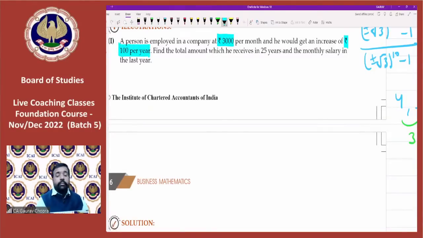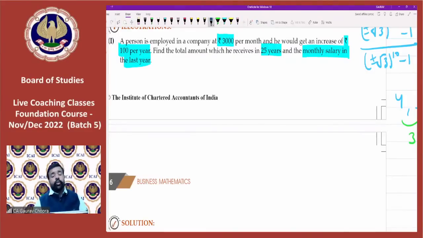So there is an increment in his salary every year of rupees 100. Find the total amount which he receives in 25 years. So in total 25 years, how much salary has the person received, and what was the monthly salary in the last year?